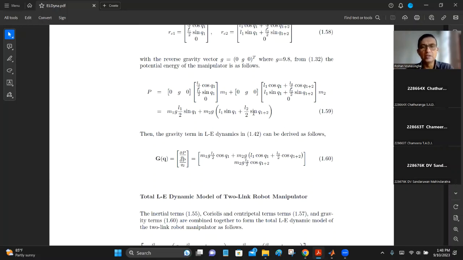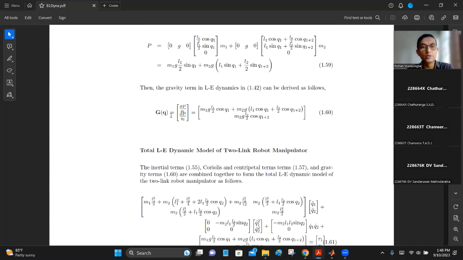I'm just giving you a little summary so you know the steps involved. Equation 1.59 is the potential energy term in the Lagrange-Euler equation. When you regroup it to the formal G(q), you get this one.